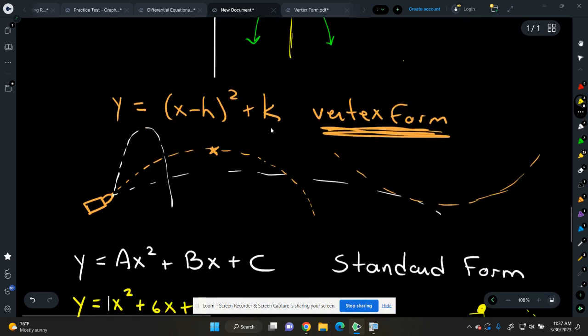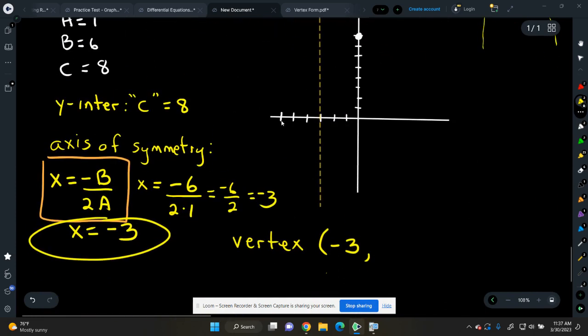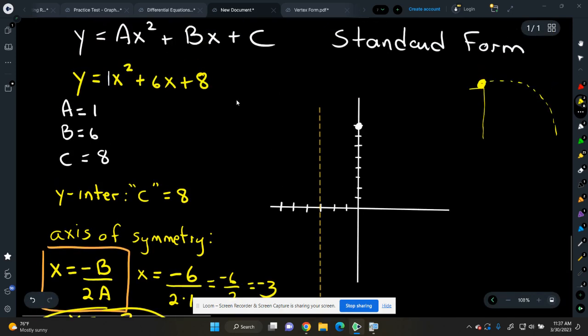So we have the x value. How can we figure out the y value? Because I know my vertex is negative 3 something, but I don't know where it's going to be. So if I know x, how do I figure out what y equals? Nico? No, that's the y-intercept.